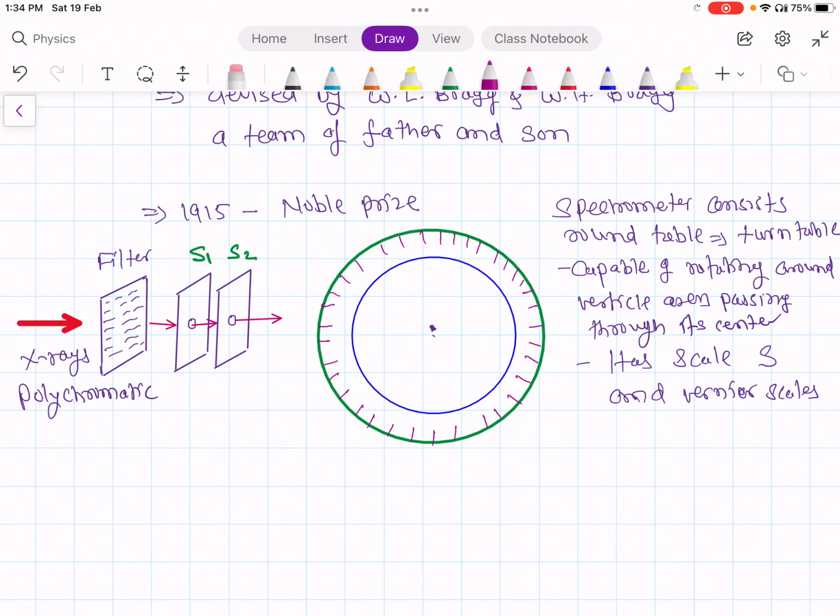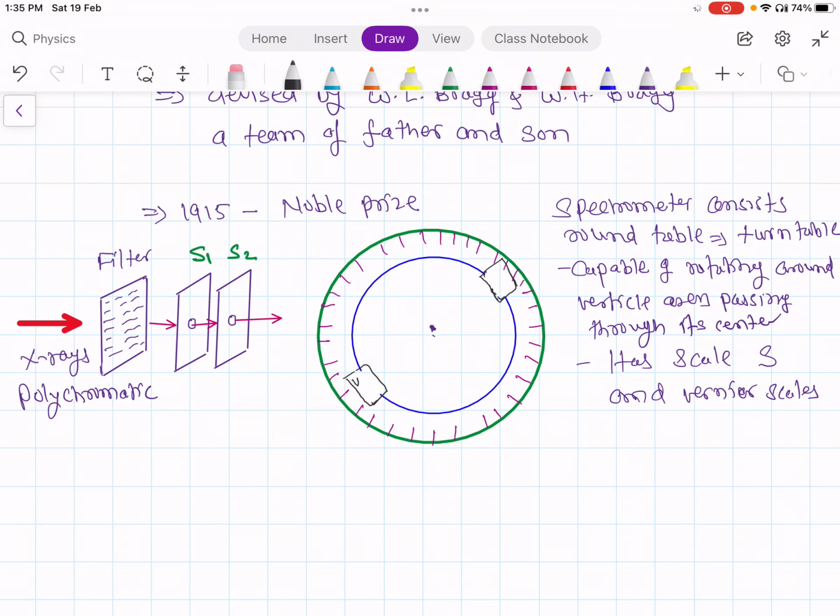And there are two windows in this. Let's say this is window 1 and this is window 2.